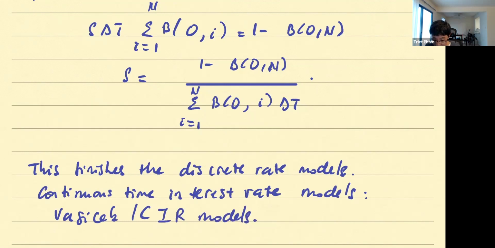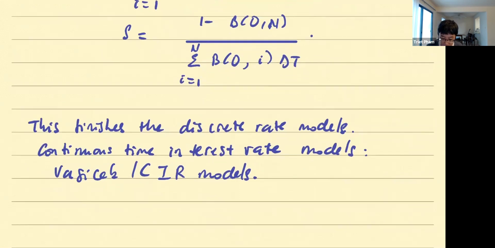As far as I'm aware, they are even more popular than the Black-Derman-Toy and the Ho-Lee model in discrete time. People like to use these continuous time rate models. And then what we'll do mathematically is try to solve for the Vasicek model explicitly.